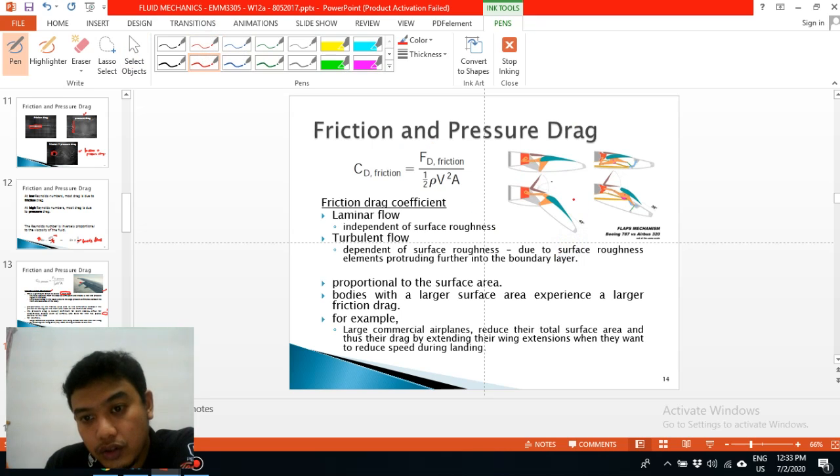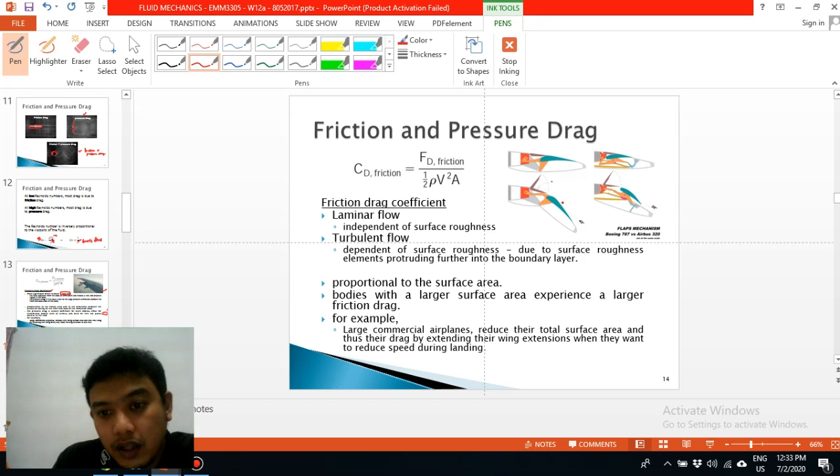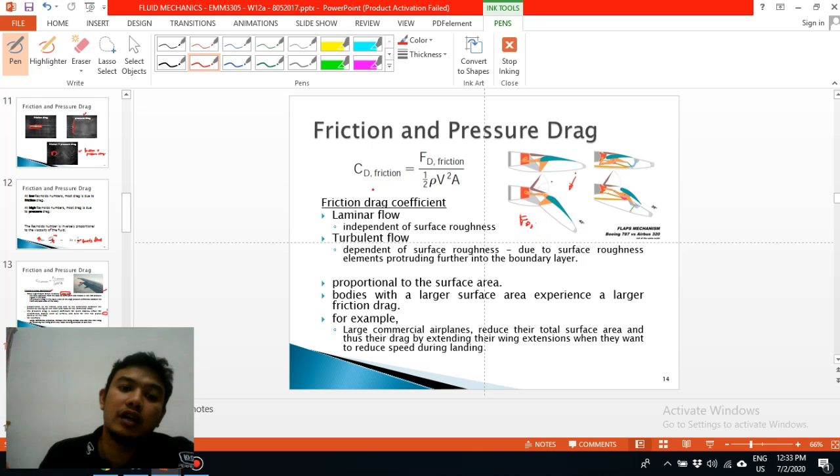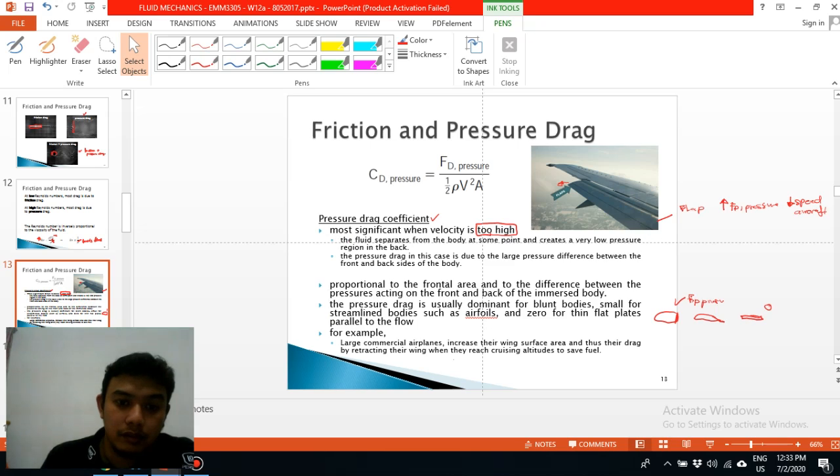In order to increase the pressure drag and reduce the speed, this flap will be moving down, so you will have a higher friction and pressure coefficient.